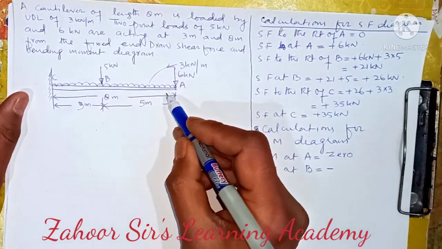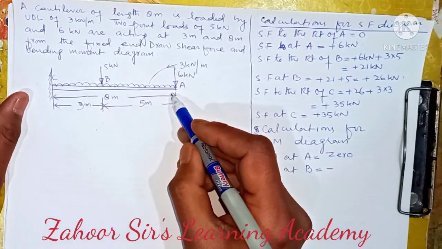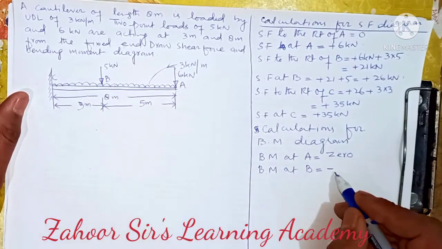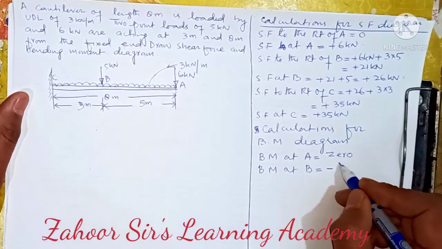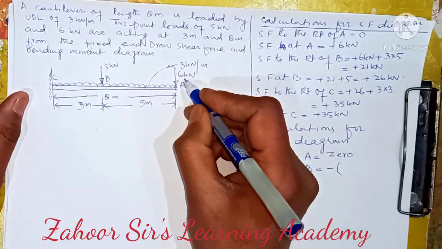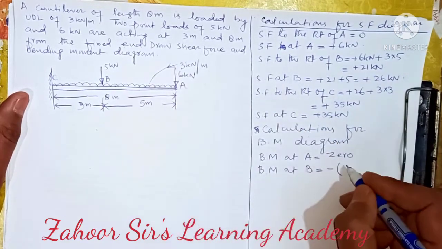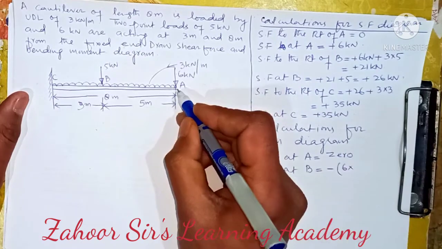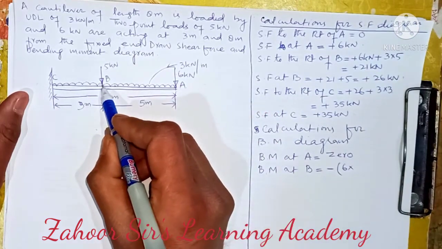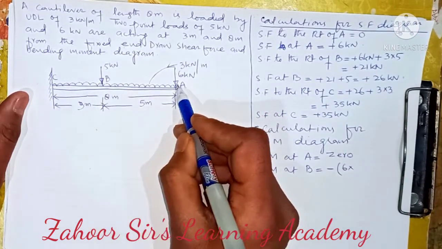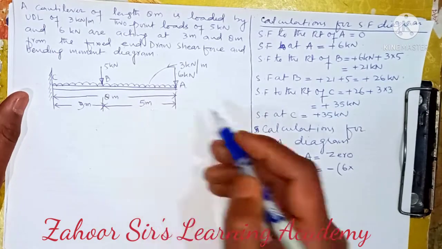And remember this thing, that BM diagram is always negative in case of cantilever beam. So I will take the negative sign out. So let's first consider the 6 kilonewton. 6 into the distance up to the point B. So that distance is 5 meter.